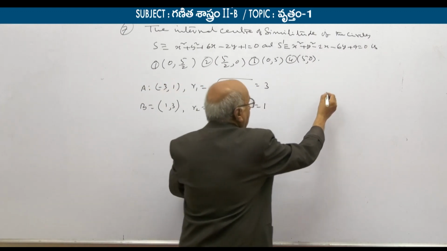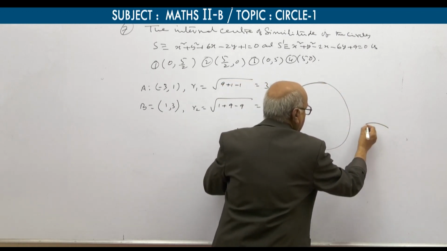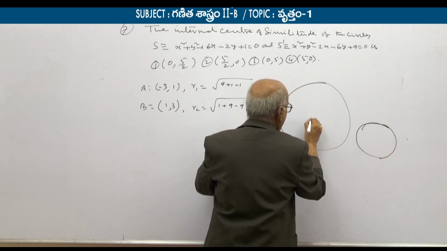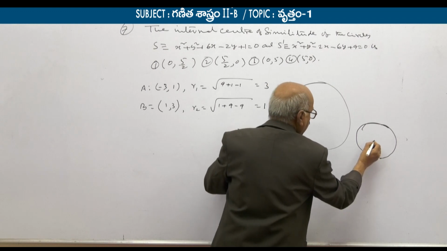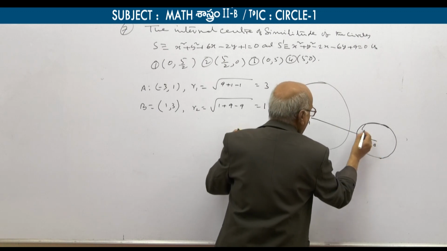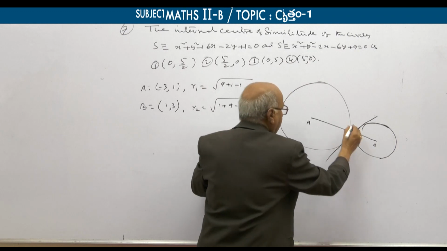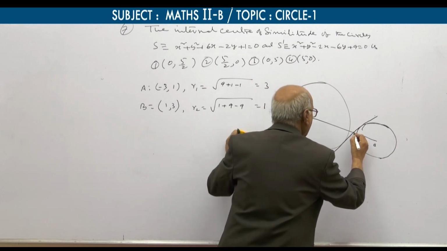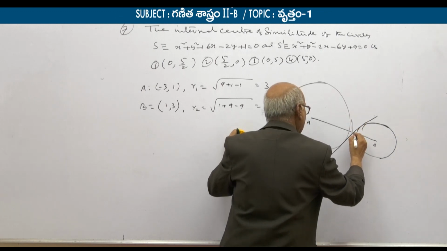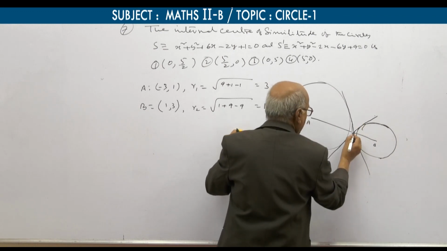So this is a bigger circle and a smaller circle. So this is A, this is B. And you know that transverse common tangents meet on the line joining the centers.